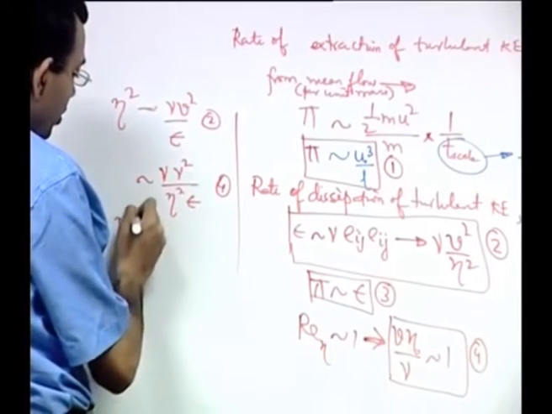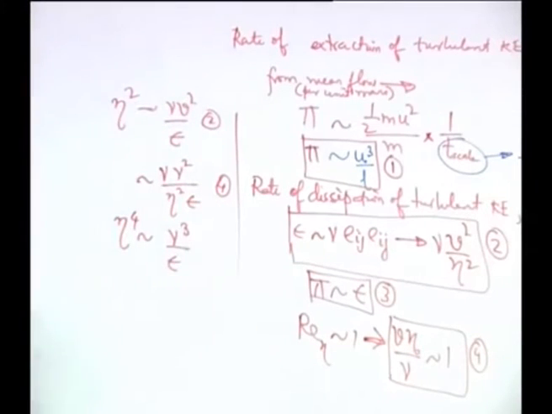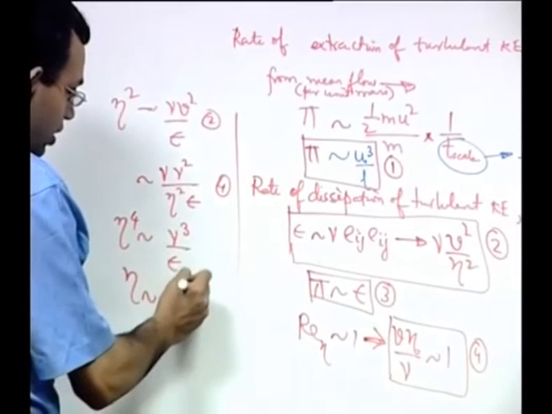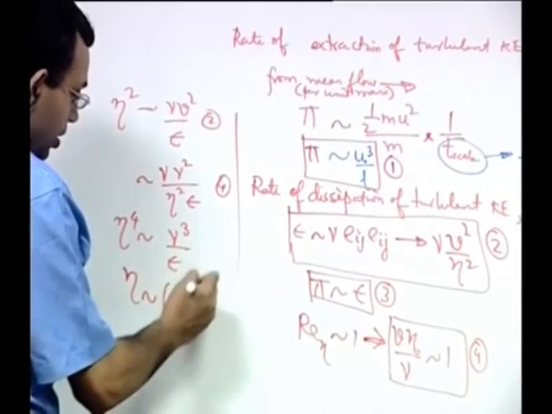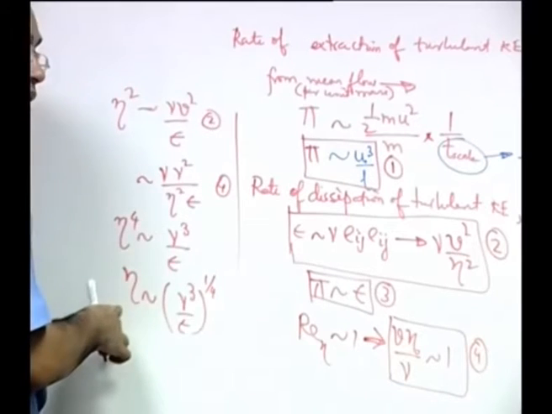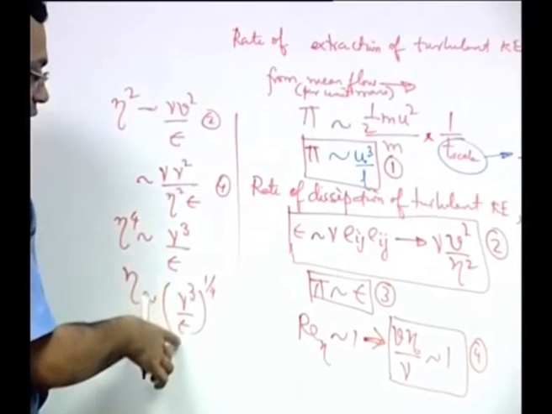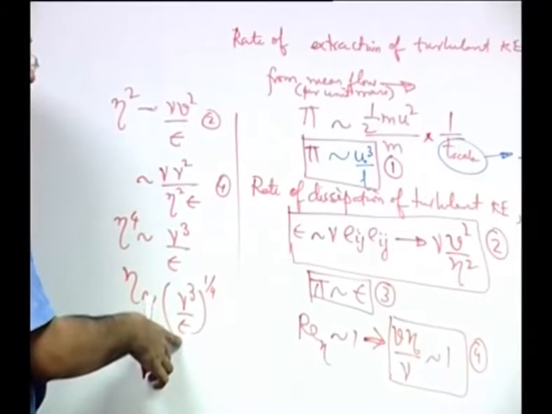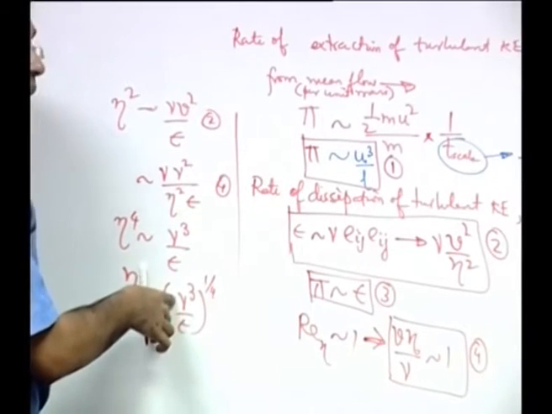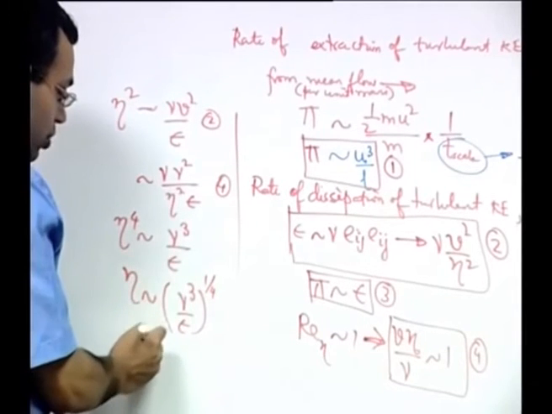So eta 4 is of the order of nu cube by epsilon, and eta therefore is of the order of nu cube by epsilon to the power 1 by 4. See, the smallest eddy length scale does not depend directly on the features of the large eddies, but it depends on the rate of dissipation of the turbulent kinetic energy and the kinematic viscosity, and this length scale is known as Kolmogorov length scale.